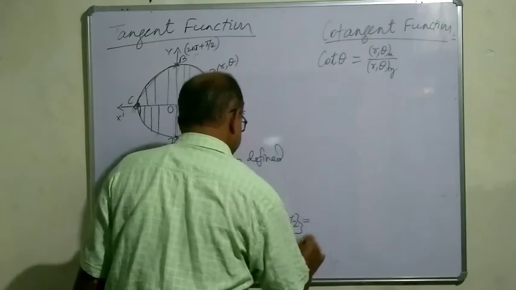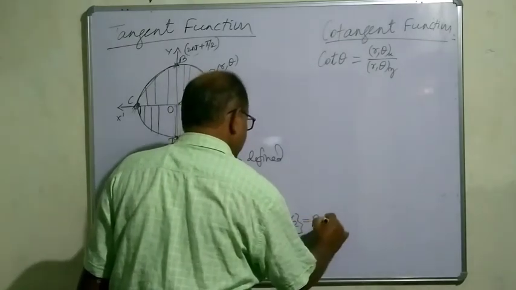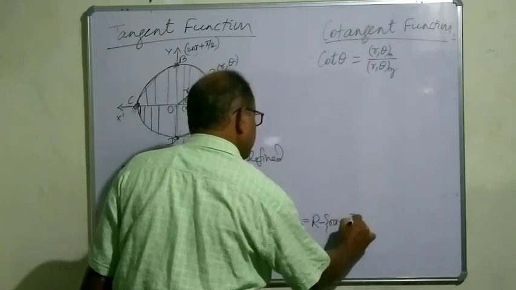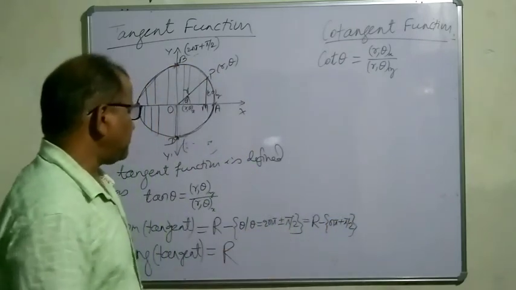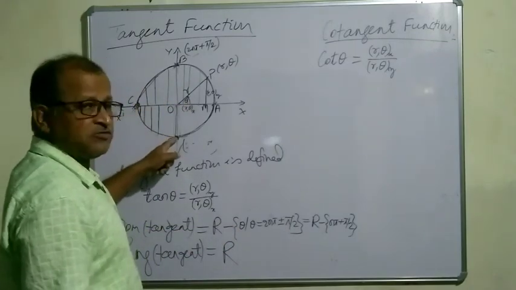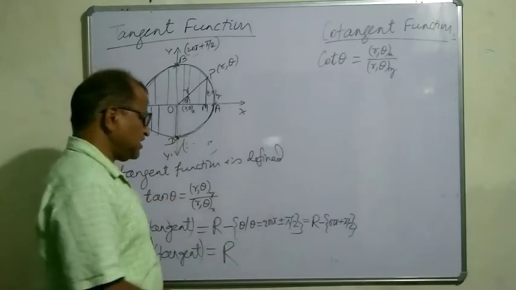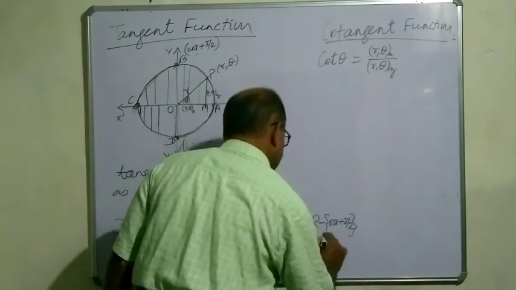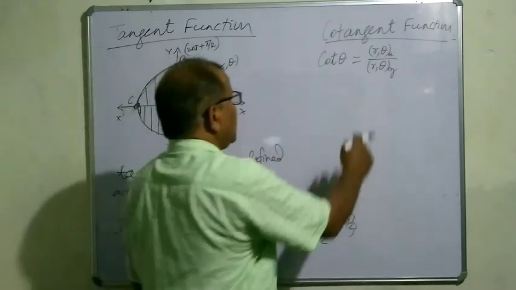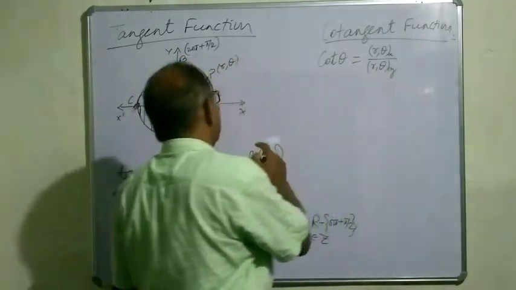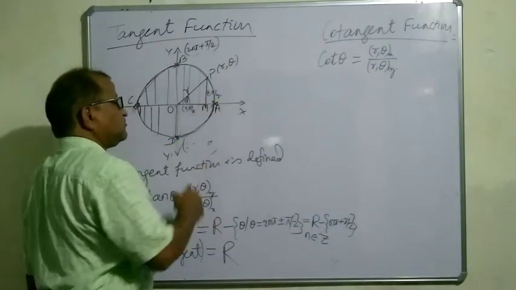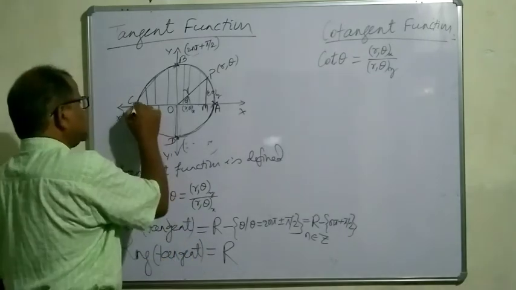You can write it like this: R difference n pi plus pi by 2, or 2n pi plus minus, where n is any integer, n belongs to Z. Here r theta y will be 0 at the point where theta is 0 and theta is equal to pi.